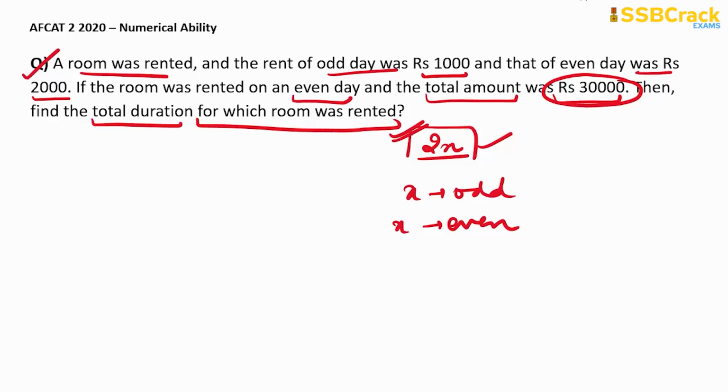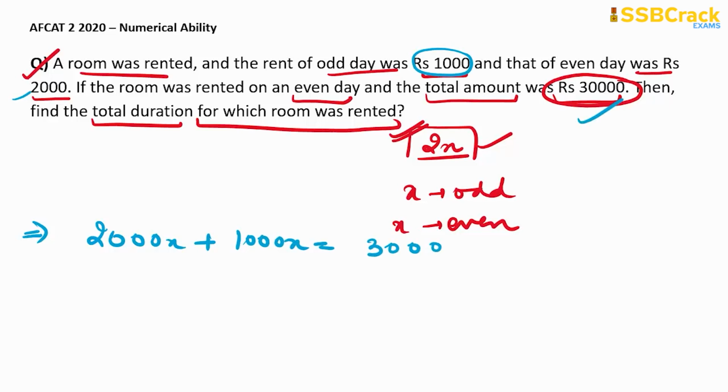Okay, and now we have to find the value of this 2x, that is the total duration for which he stayed in that room, right? So we know that for even days the amount is 2000. So 2000x plus for odd days it will be 1000, so 1000x is equal to the total amount, that is 30,000.